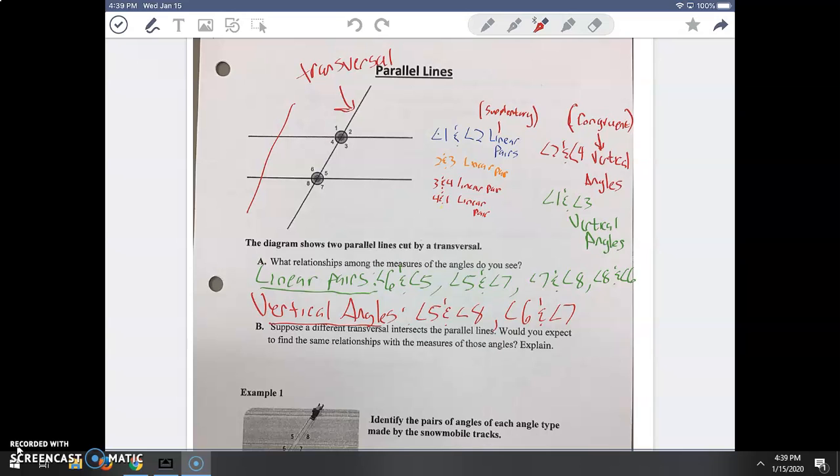Would you expect to find the same relationships with the measures of those angles? What it's asking is, if you had a different transversal, would we expect the relationships among these angles to be the same? Really, with the different transversal, the angle measures themselves might be different.